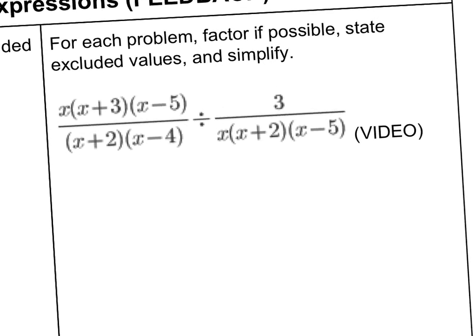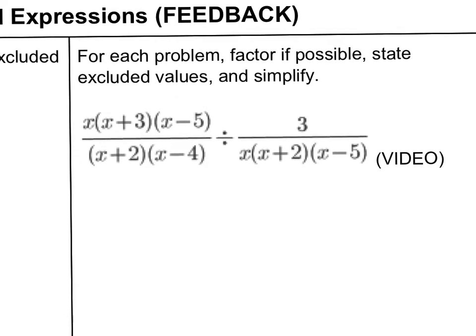The other ones are already factored for us, so this is going to be a matter of identifying excluded values and then doing some math to simplify this. We got a whole bunch of excluded values because we got only 4 different things. Those are really the same on the bottom. So my x values: x plus 2 cannot be 0, therefore x cannot be negative 2.